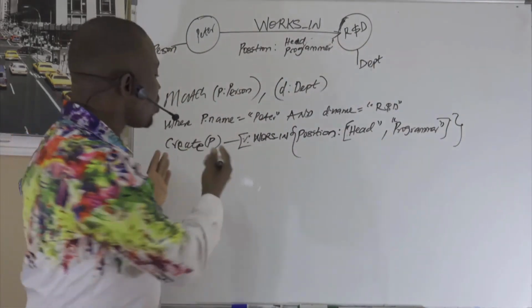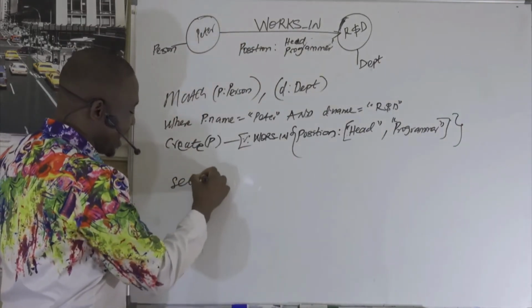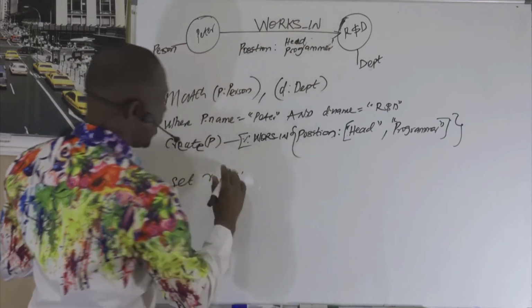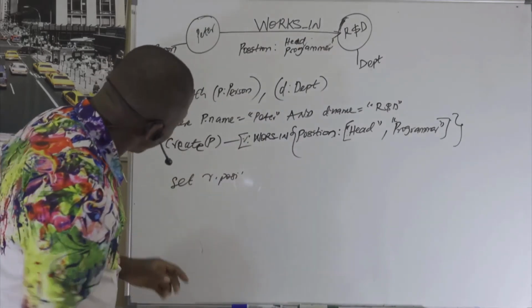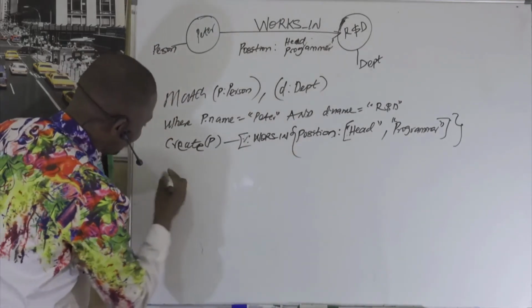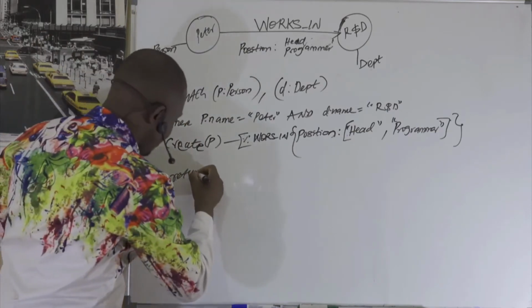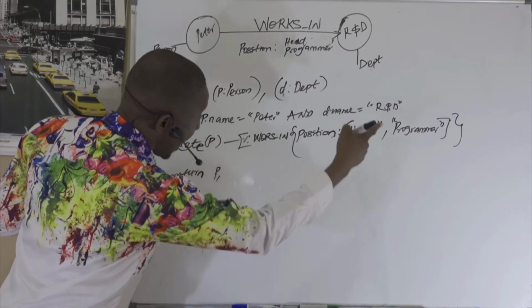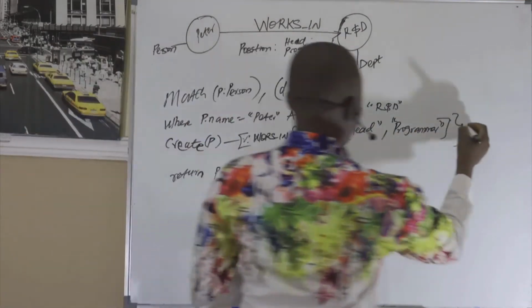Okay, once we have done this, it is the same way we did where we say set arrow dot position. Then we do whatever. Now we are doing everything on the same line. Immediately you have done this, you still return. What are you returning? Still return P and, oh sorry, there's something we are missing here.